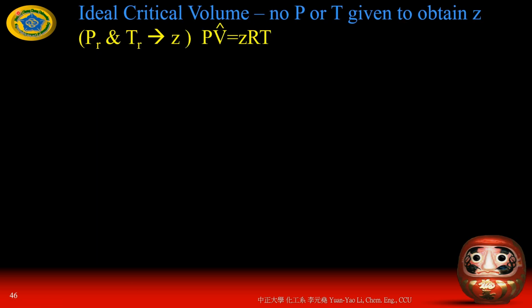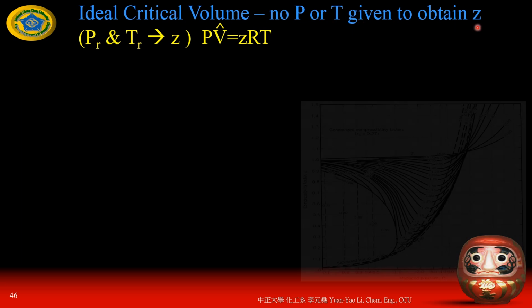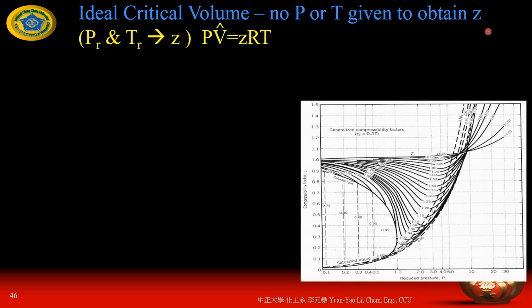Yes, this is what we call ideal critical volume. If I don't provide P and T, or I just provide one of these two, and I give you the volume, can you get the answer? You need to get it from the volume. So with no P or T given, how do I obtain Z? What can I do?